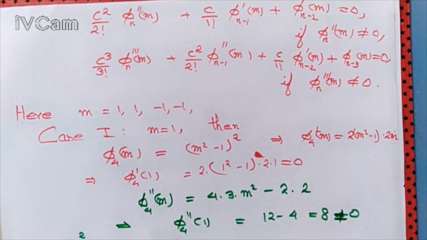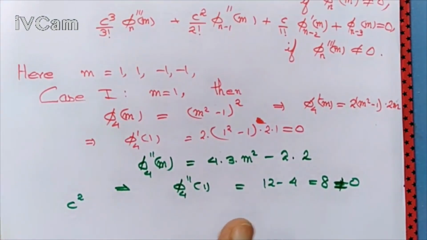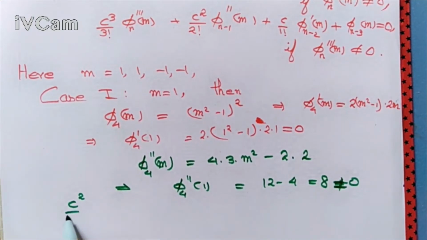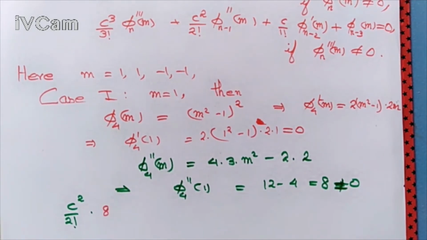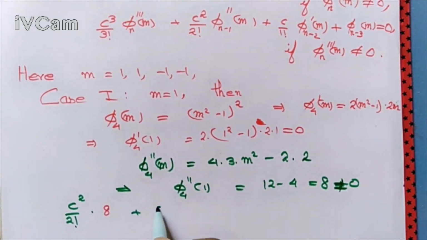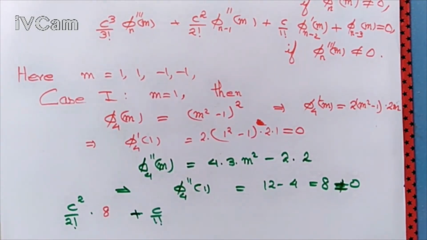C square by factorial 2 phi 4 double dash of 1, which is just 8, plus C by factorial 1 phi 3 dash m.